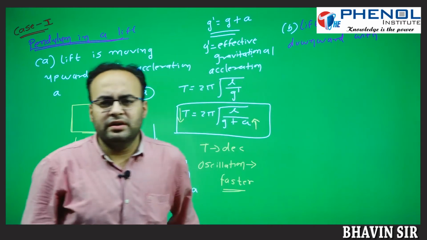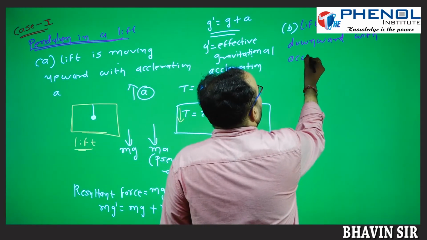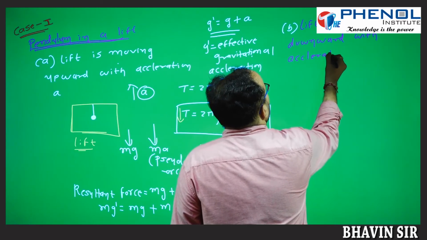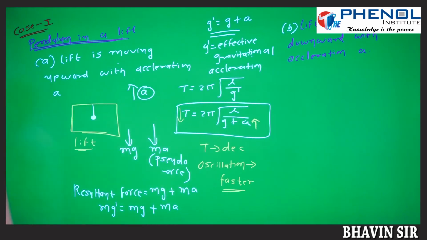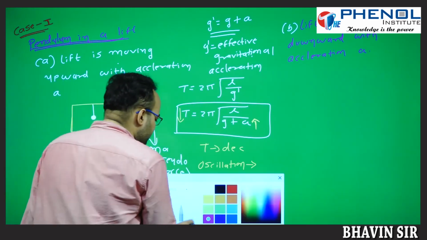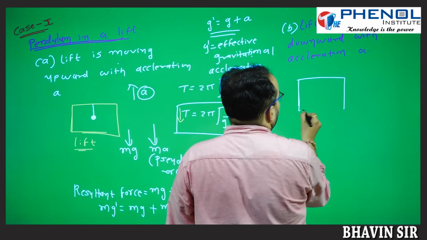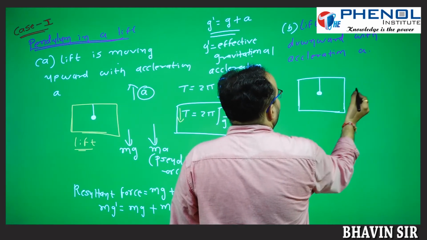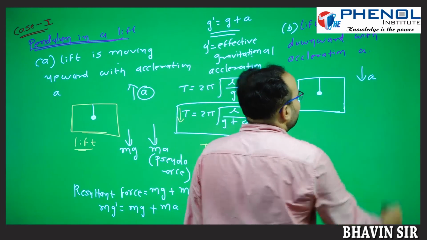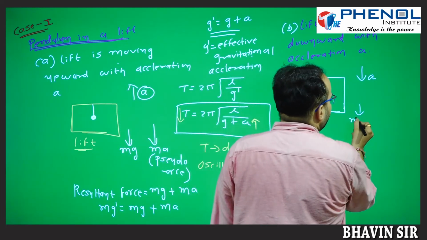Chalo, so now next case, lift is moving downward with acceleration a. So now students, the lift is moving downward. So mg is again in a downward direction.